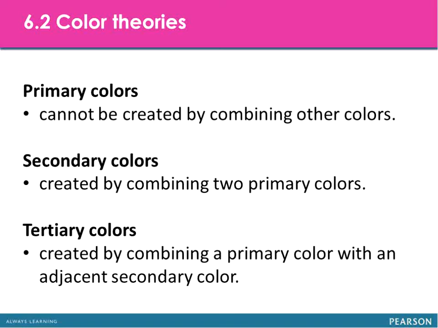Tertiary colors, also known as the intermediate colors, will always have a hyphenated name to them, and it will consist of one primary and one secondary, like a red-orange or a yellow-orange or a green-blue, or a blue-green.